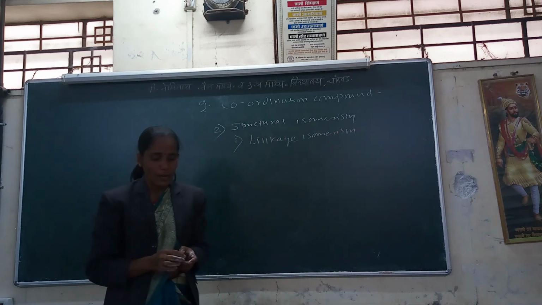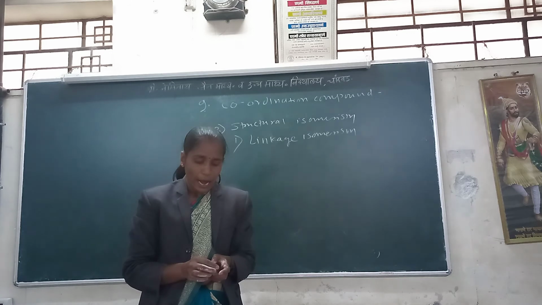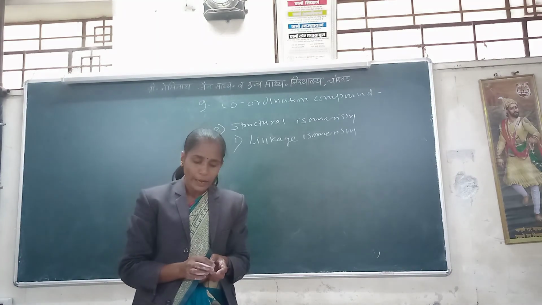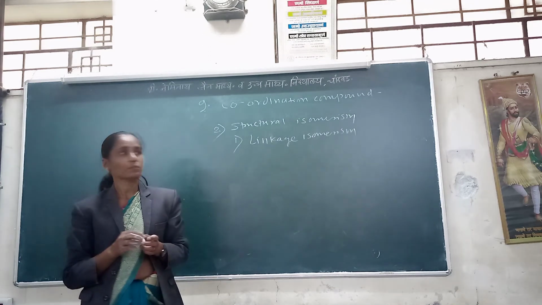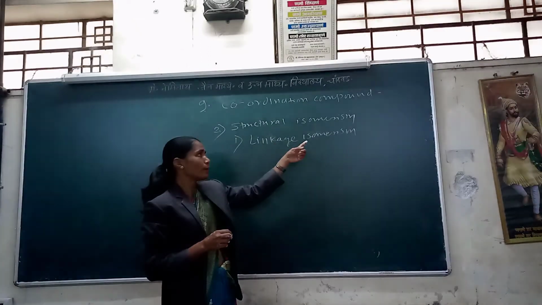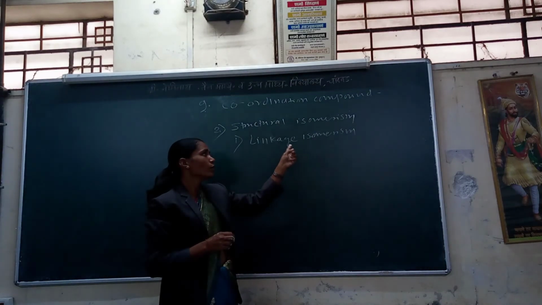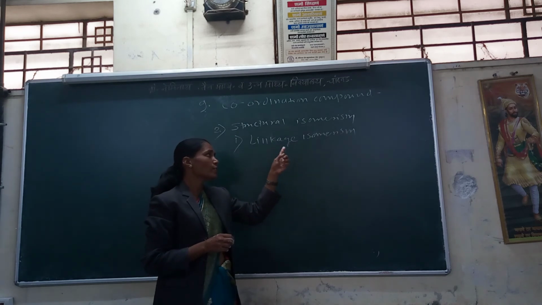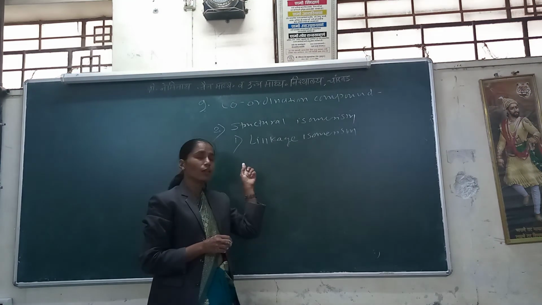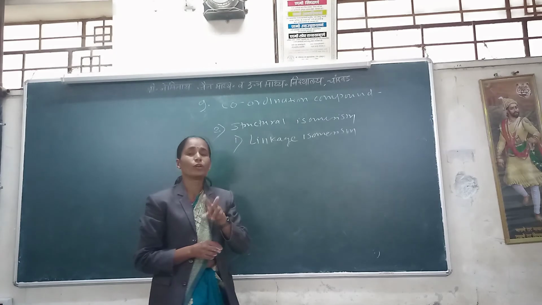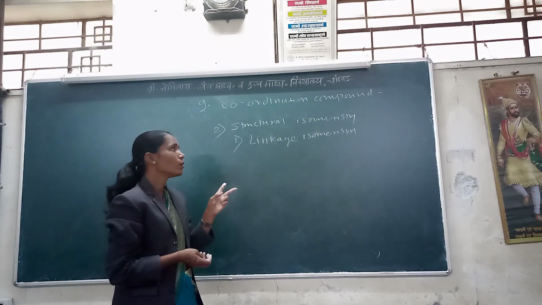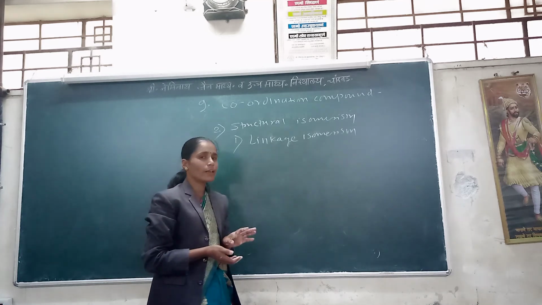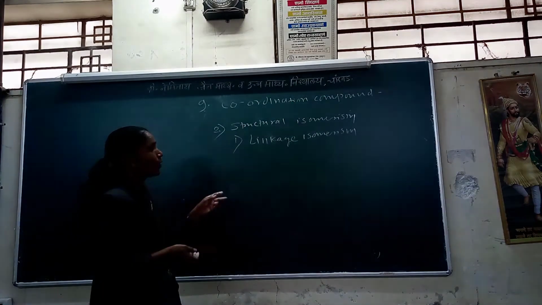Linkage isomerism means isomers are formed when the ligand has two different donor atoms. The isomer is obtained by the way the ligand attaches to the central metal. These ligands have two donor groups, and these two donor groups donate the electron in two ways.